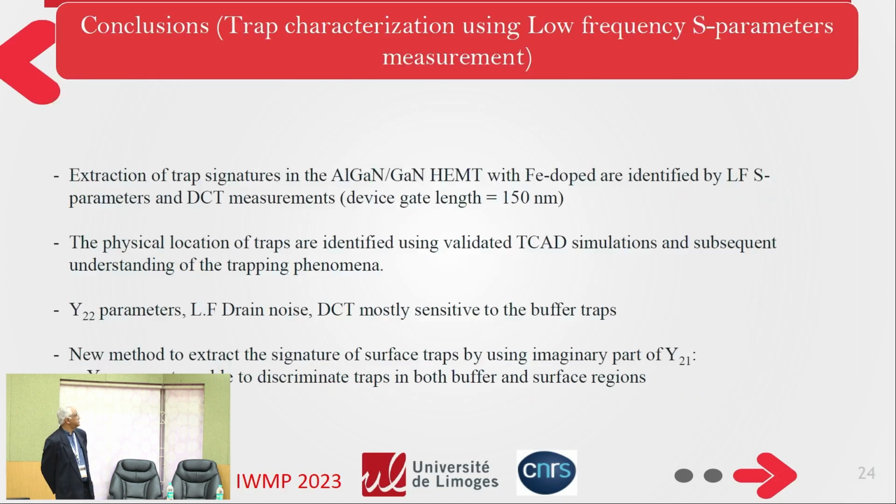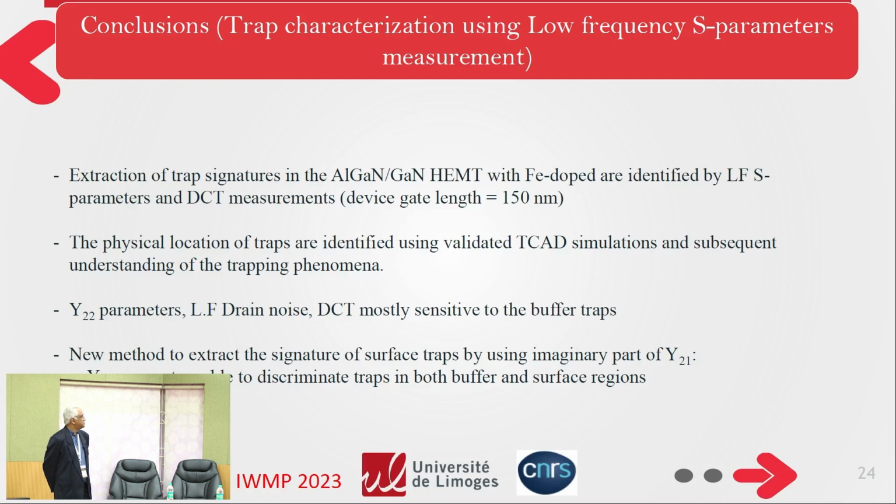So the conclusion of my talk here: you have exact trap signature in AlGaN/GaN with F-doped devices. Device gate length is 150 nanometer for 8 by 50 micrometer. We have identified the location of traps using TCAD simulation.